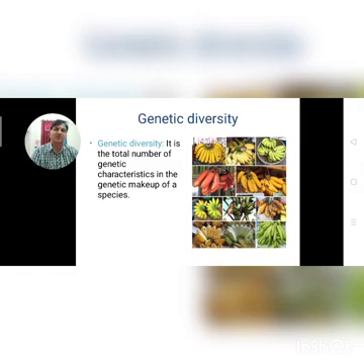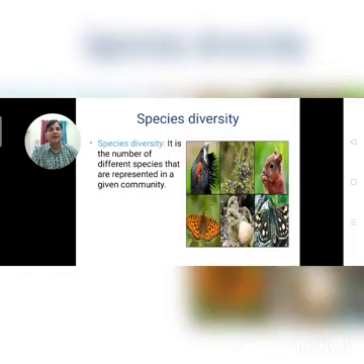Similarly, genetic diversity is the total number of genetic characteristics in the genetic makeup of a species. We have thousands of varieties of banana, and a huge variety of mango is available, so all that constitutes genetic diversity. Species diversity, as I have already mentioned, is the number of different species that are represented in a given community.